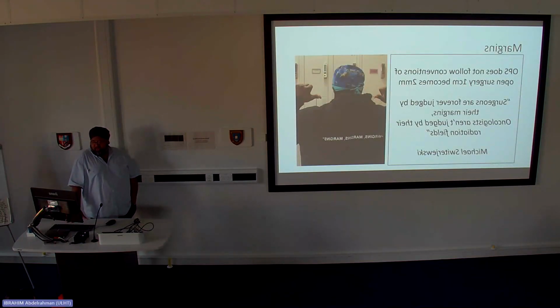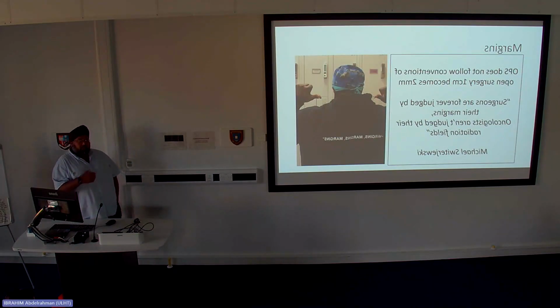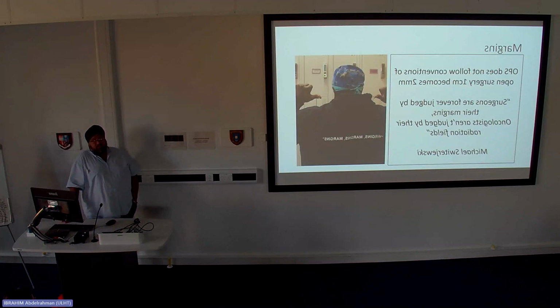So one of the big things of Dejo Eliele's talk is he's big about margins, and he's a consultant in Leicester. Organ preservation surgery in the larynx doesn't follow the normal conventions of everywhere else. In most places you use a 1 centimetre margin. Occasionally some people use a 5 millimetre margin. In the larynx, realistically, you haven't got a centimetre to take, and this often ends up as a millimetre or 2.